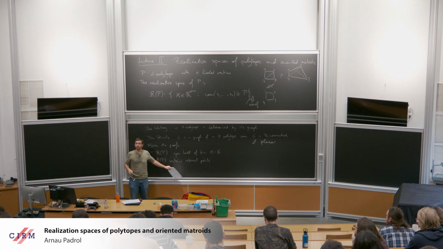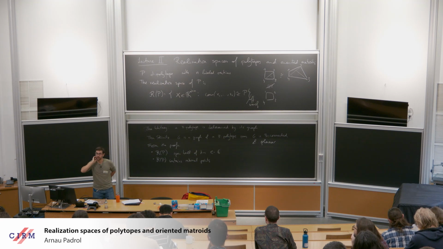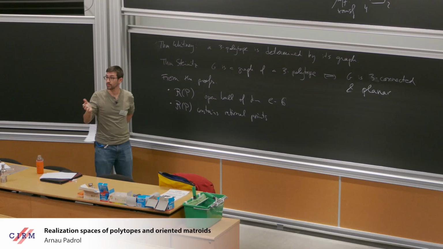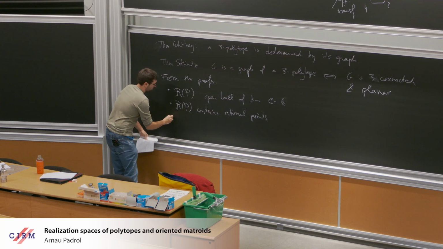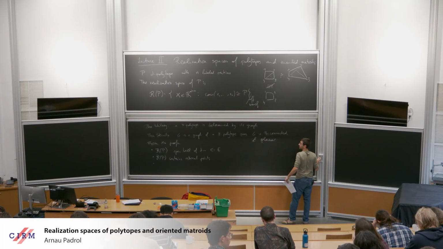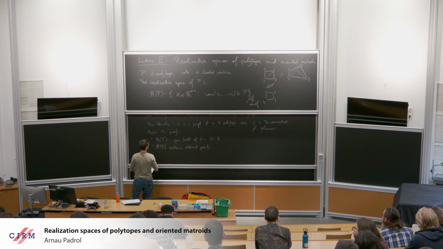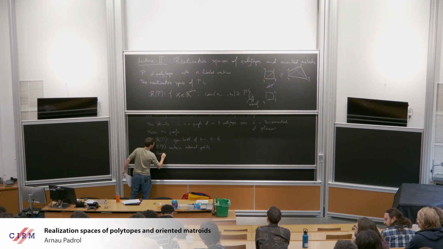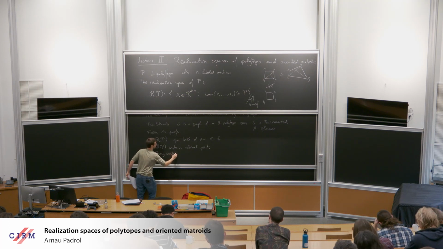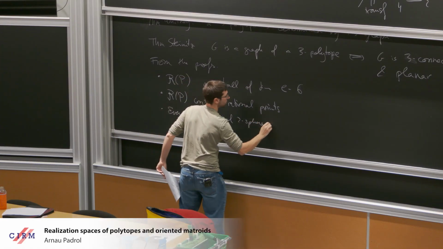It contains rational points, which means that if you have your favorite three-dimensional polytope, there is a realization of a combinatorially equivalent polytope with rational coordinates, and therefore with integer coordinates. Every combinatorial two-sphere is polytopal.